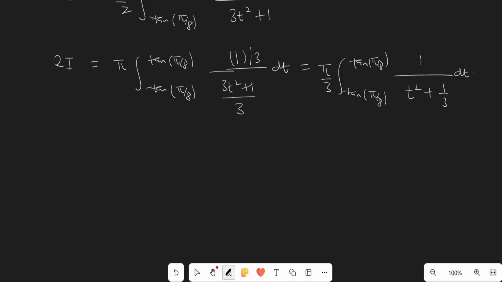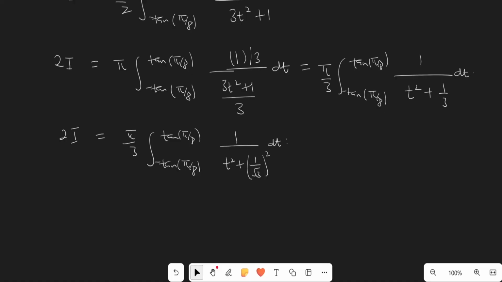So 2I is pi over 3, the integral from negative tan of pi over 8 to positive tan of pi over 8 of 1 all over t squared plus 1 over 3, which can be written as 1 all over the square root of 3 all squared, dt.